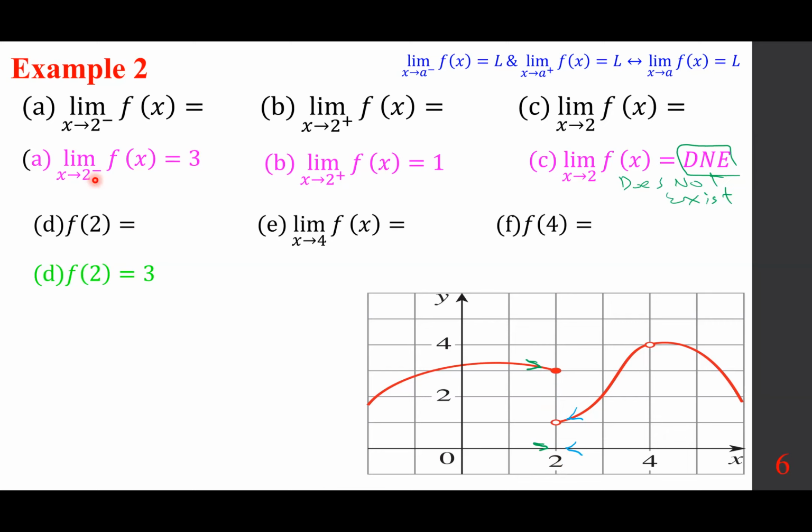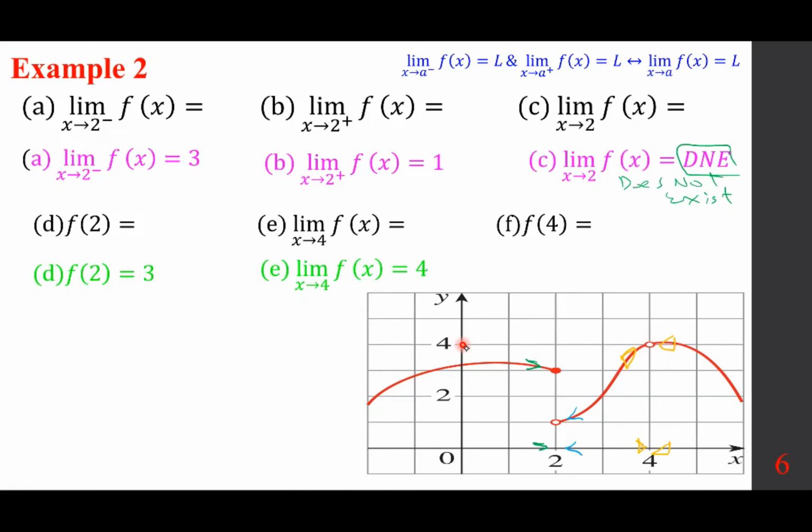What is the limit of f of x as x approaches 4? We're going this way from the left side, this way from the right side. And in both cases, coming from the left, we are moving towards this hole. Coming from the right, we are moving towards the same hole, in which case the answer is 4.